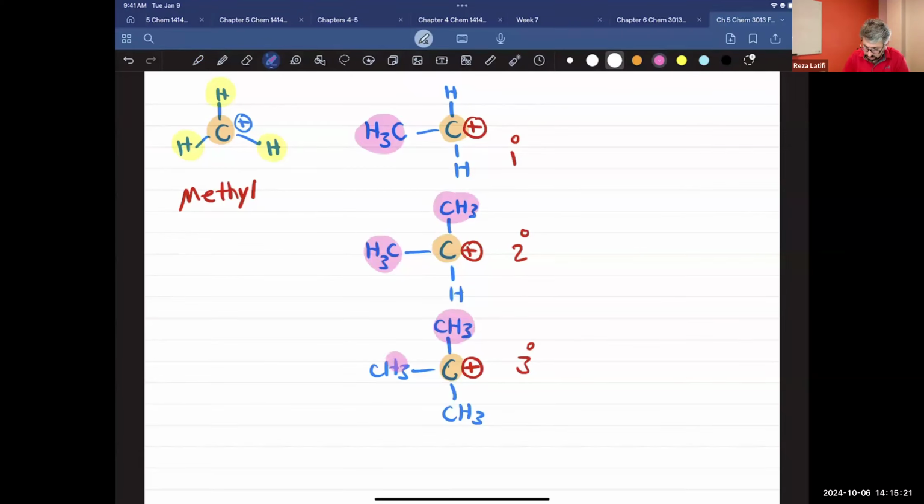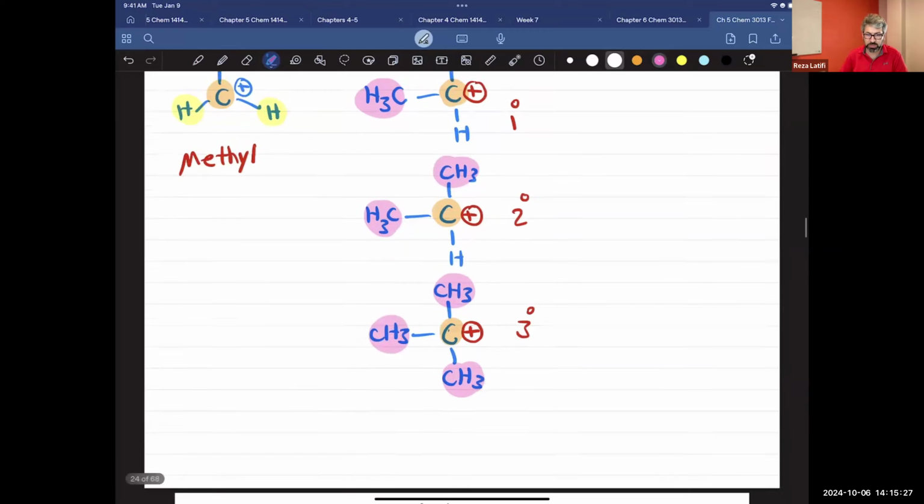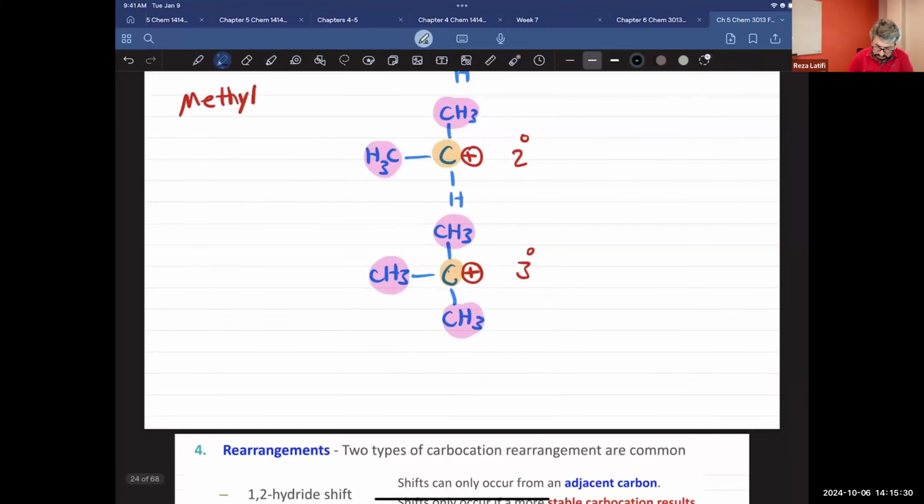A carbon with a positive charge: as we increase the alkyl groups, the system will be more stable. So I'm going to say the tertiary carbocation is the most stable one, then the secondary, next primary, and then you have the methyl.